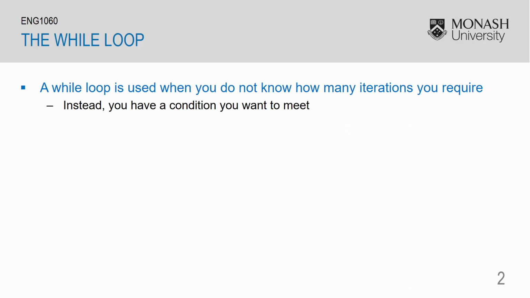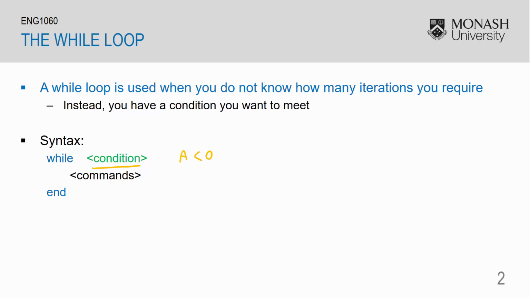A while loop is used when you do not know how many iterations you require. Instead, you have a condition that you want to meet. The syntax for the while condition is while your condition, for example, a being less than 0.